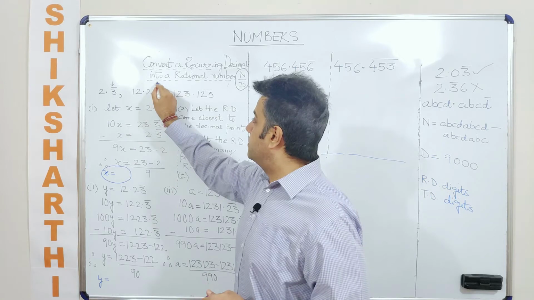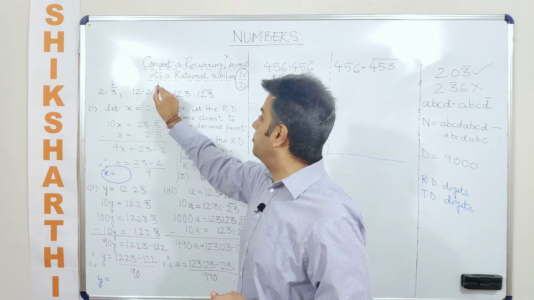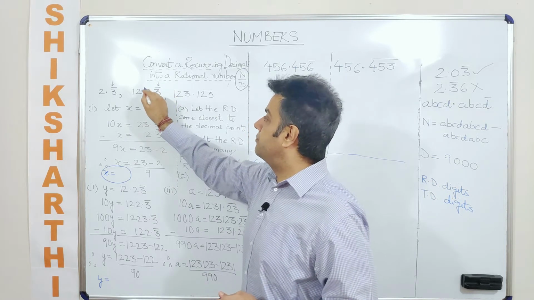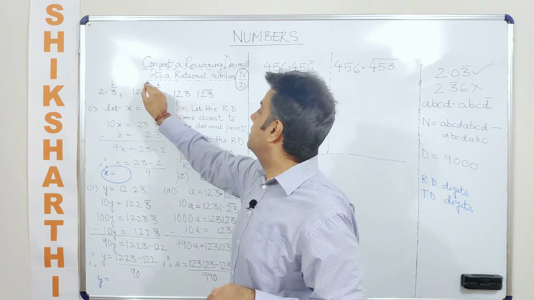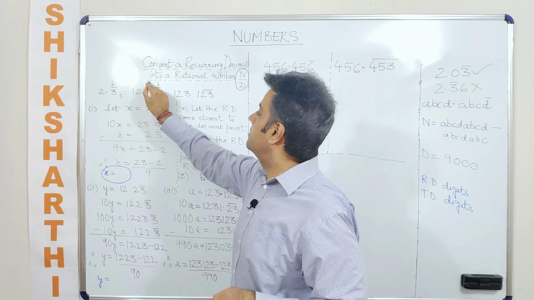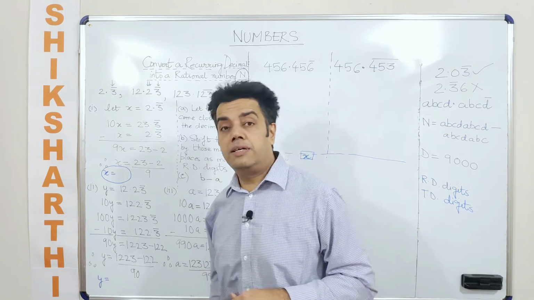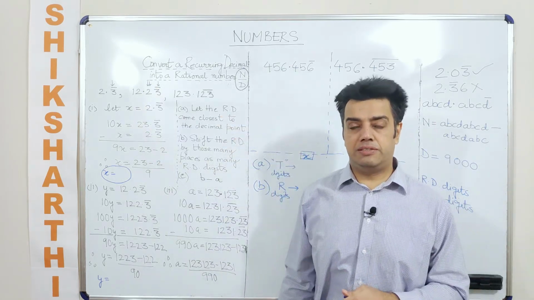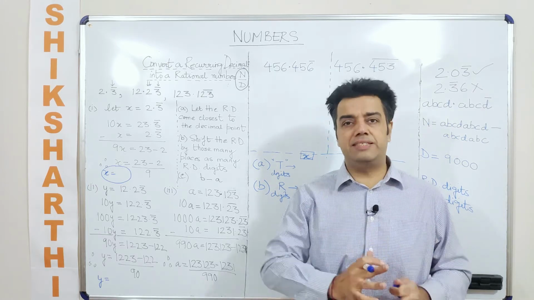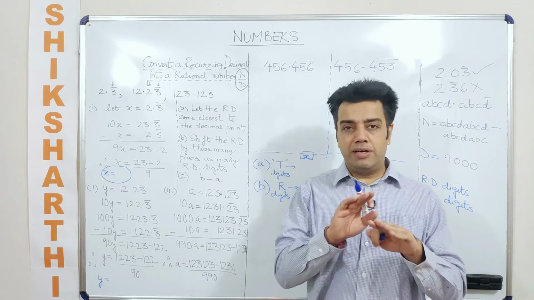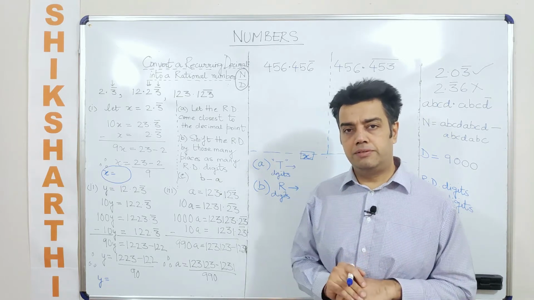Here the recurring decimal digit starts after one digit in between, and this one digit in between we will call a terminating decimal digit. Why are we calling it a terminating decimal digit? Because it comes after a decimal point and it doesn't have a recurring sign over it.